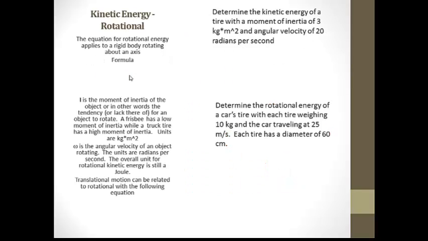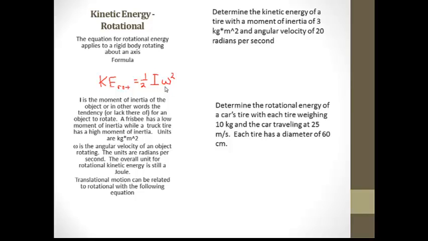Kinetic energy, rotational. There's also kinetic energy of a rolling object, such as a tire rolling, or anything else rolling. The formula for kinetic energy for a rolling object is KE rotational equals 1/2 the moment of inertia, which is I, times omega squared.